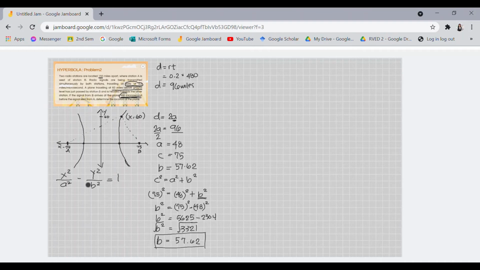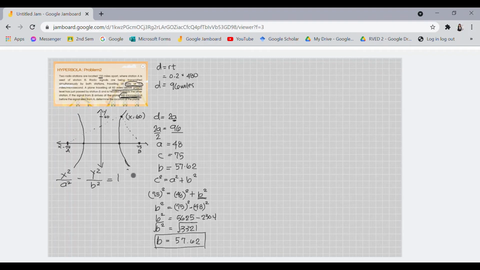The reason why we solve for b is that it is present in the standard form of the equation. In this equation, we are to solve for the value of x. Since we have the y coordinate, we can substitute that to y. And we also have the values of a and b. A is solved through this formula and b is solved through the formula of the hyperbola, for c squared. So we substitute that.